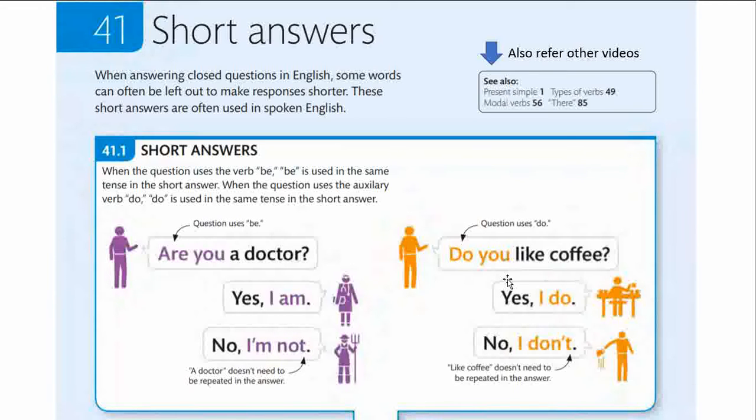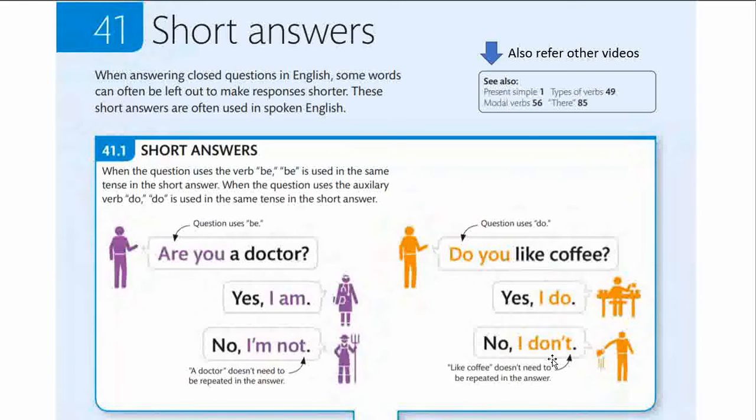Let us see the example with the word do. As it was mentioned, do is used in the same tense in the short answer. Do you like coffee? Yes, I do. The question uses do, so the answer uses do. If the reply is negative, do not is contracted to don't. No, I don't.